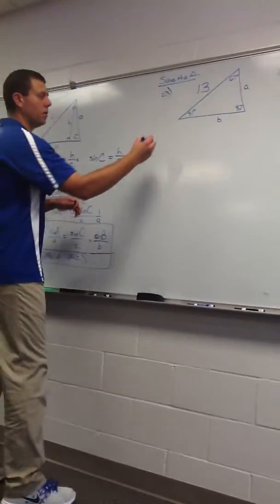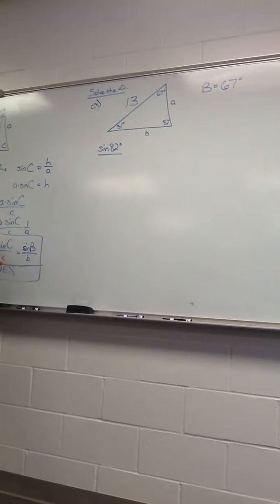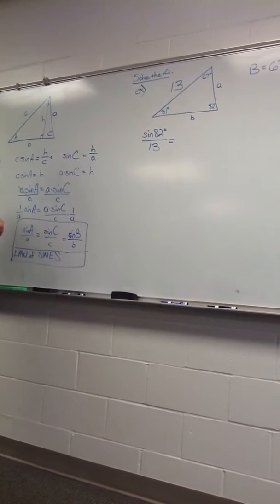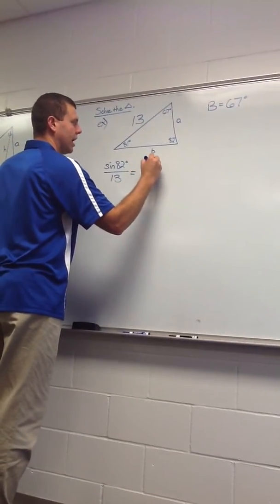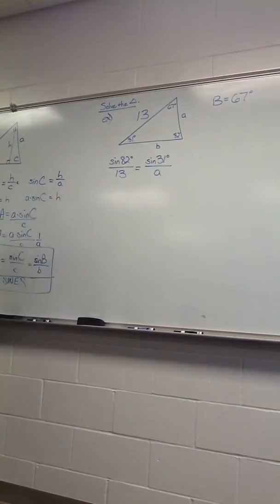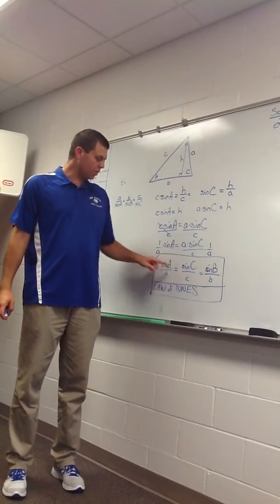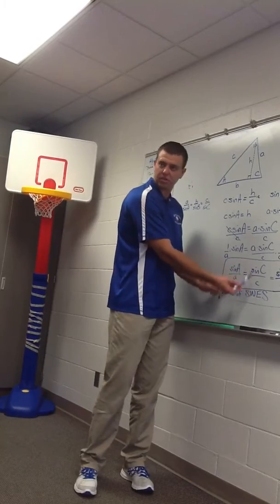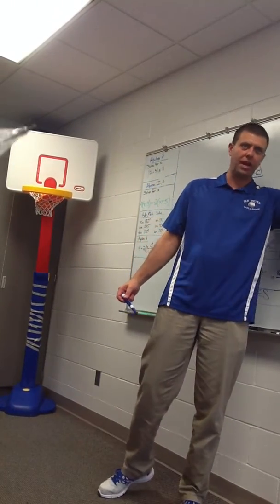So I'm going to go sine of 82 degrees over 13 has to equal, I'll solve for A first, the sine of 31 degrees over A. So I did sine of C over C equals sine of A over A. I set these two ratios equal to each other, and notice in my proportion I only have one variable.